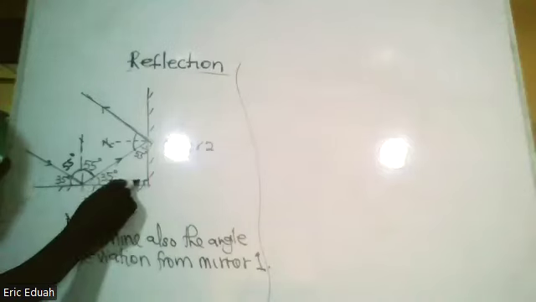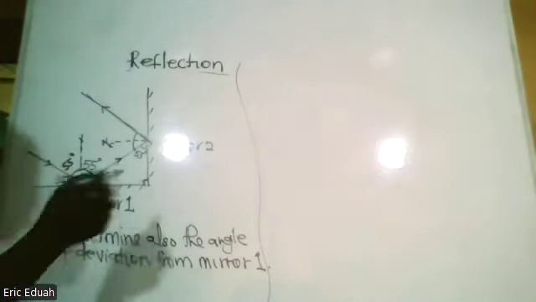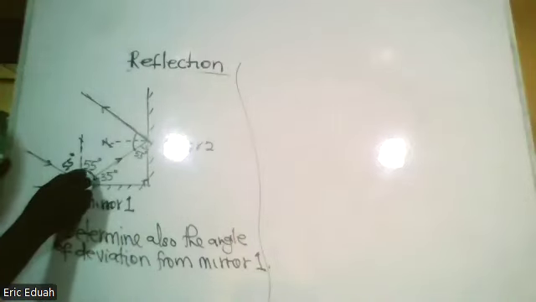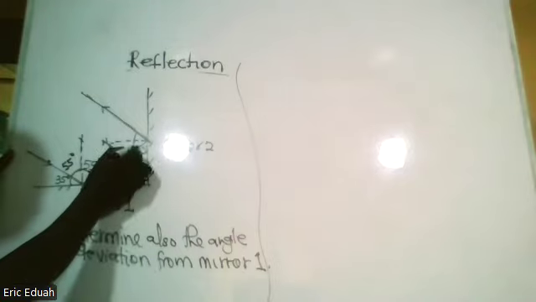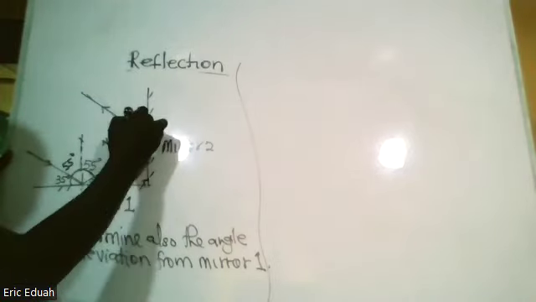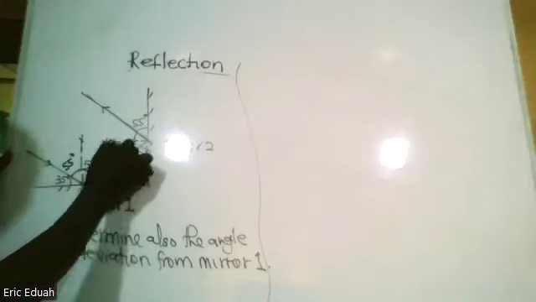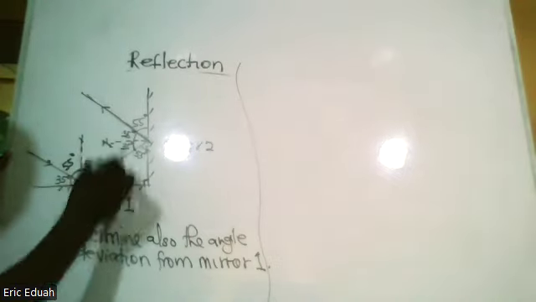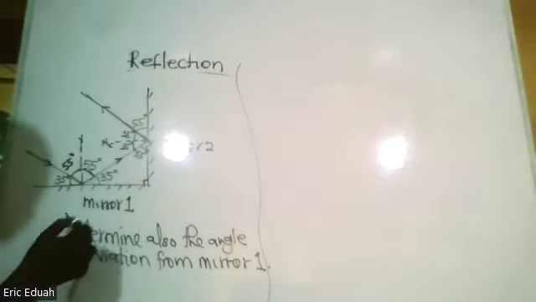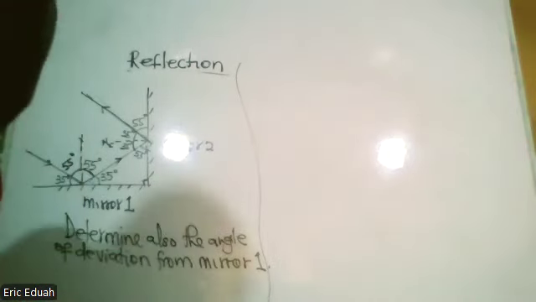Once this is 90, this plus this must also be 90. So to determine this, I just subtract 35 from 90. Now, if this is 55, this will also be 55. Therefore, this will be 35. So the angle of incidence on mirror 2 is 35 degrees.